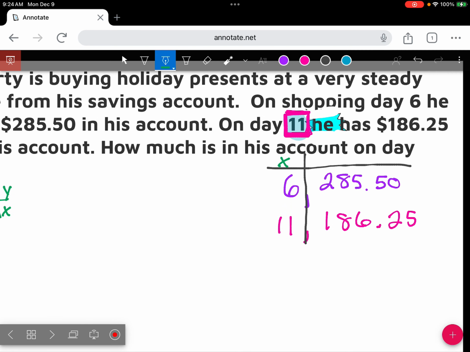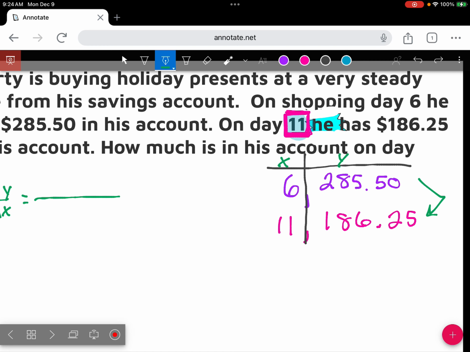So this is my x and this is my y. What is the change in my y's? Negative 190. Oh, yeah, I don't know where I got that from. I was looking at the original problem.